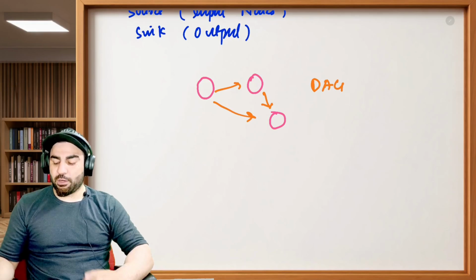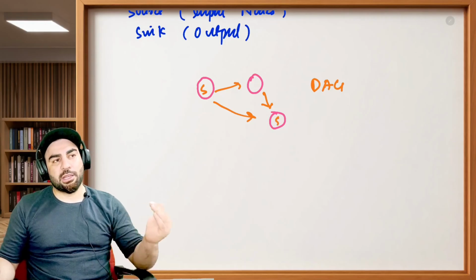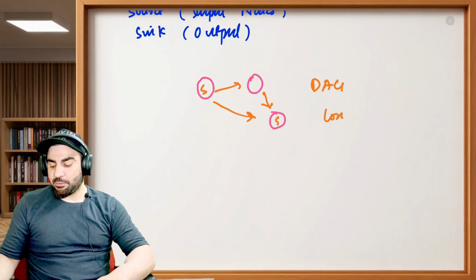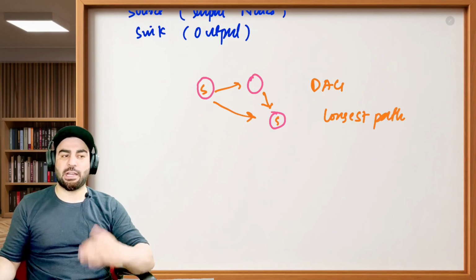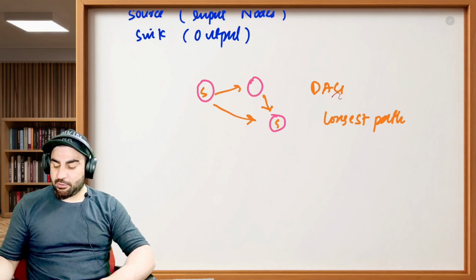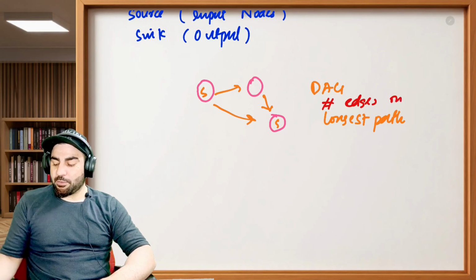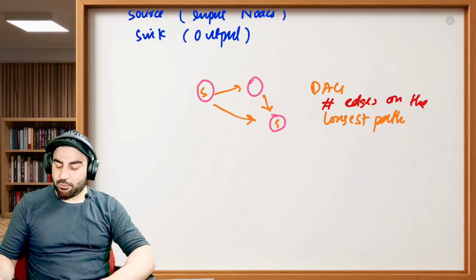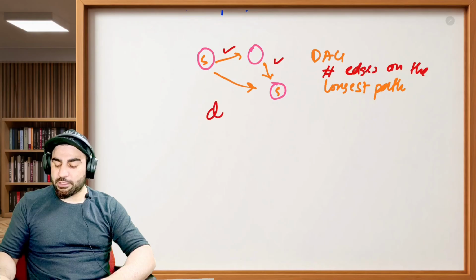The depth means, if this is the source node and this is our sink node, what is the longest distance, or the longest path, the number of edges on the longest path. Here there are two edges: from source to sink we have 1 and 2. So we can say that the depth of this directed acyclic graph is 2.